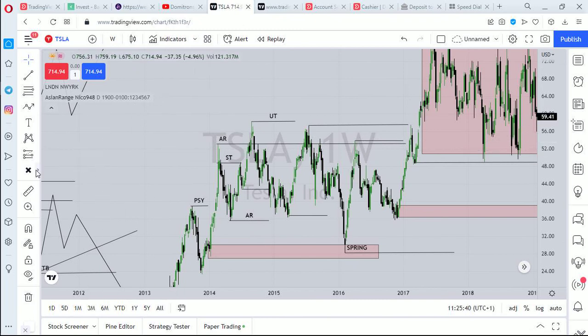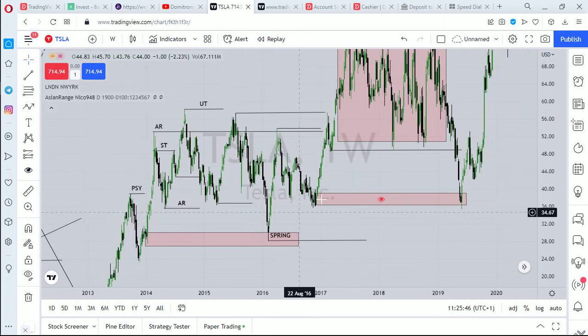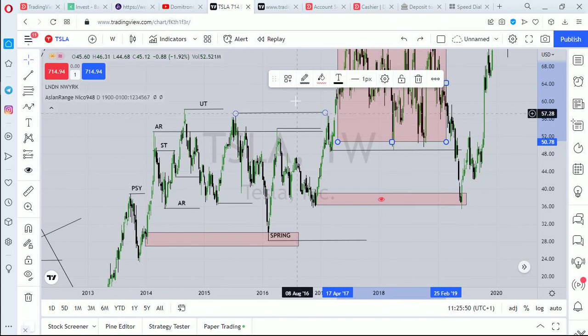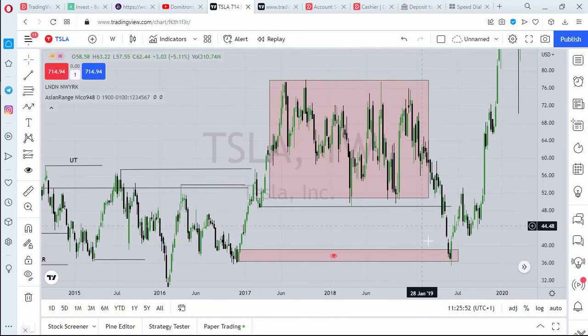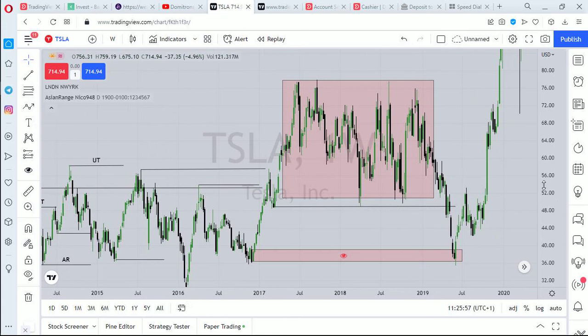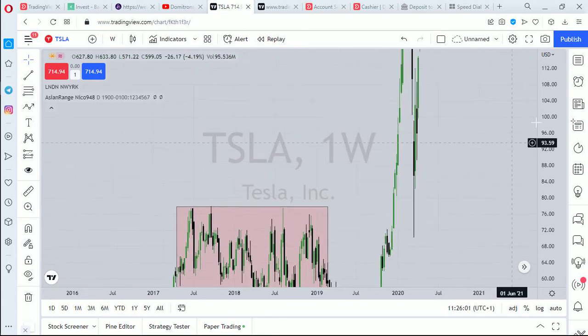And what are we going to be seeing here? Since we broke that structure and there is a spring, we see it has a test, right? The market trades back down to test that area, and it has not turned into LPSY. We see it trade higher, right?